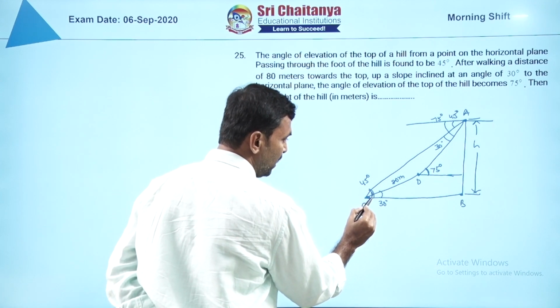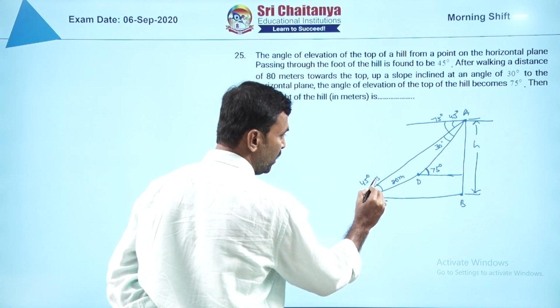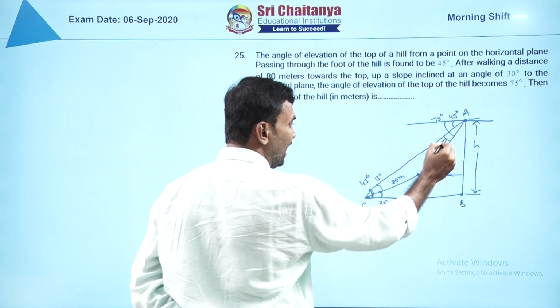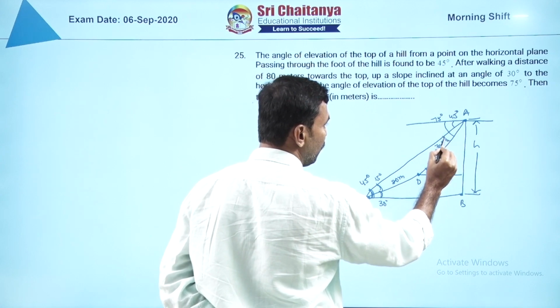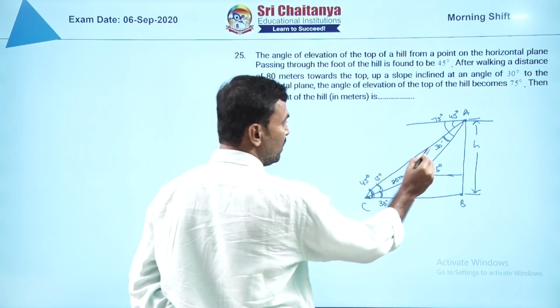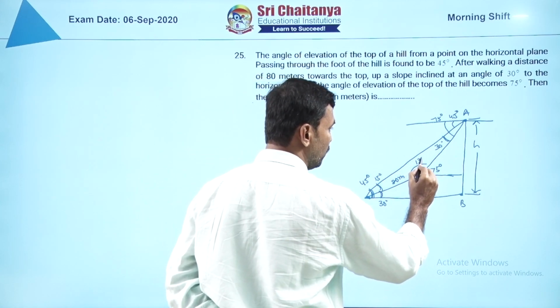Next, here this angle is 45 given, this angle is 30, therefore, this angle is 15 degrees clearly. So, in triangle ADC, I know this angle and this angle, therefore, I can find out this angle. 15, 30, 45, 180 minus 45 is 135. So, this angle is 135.